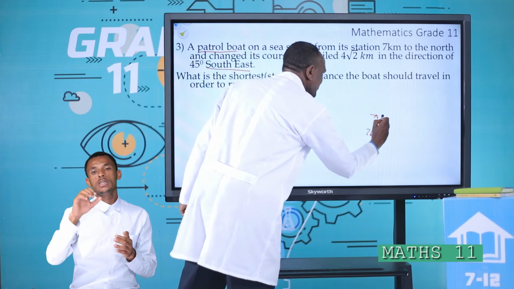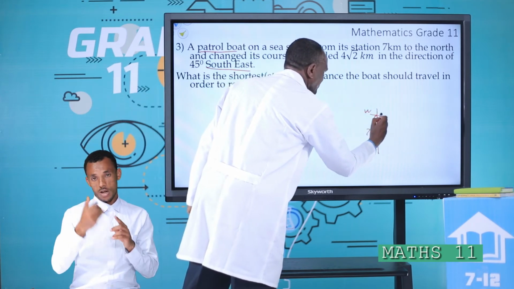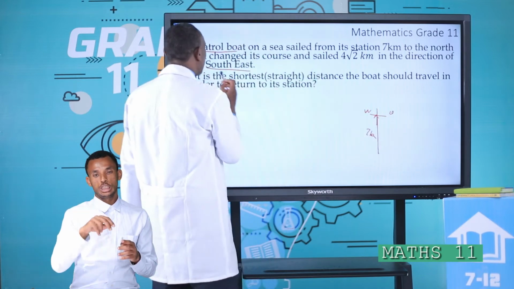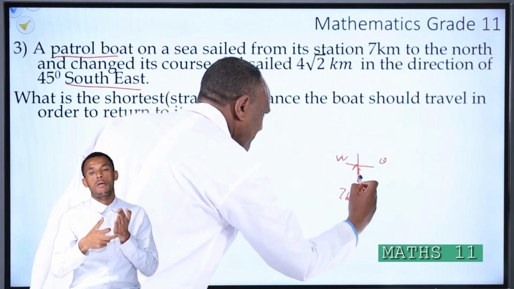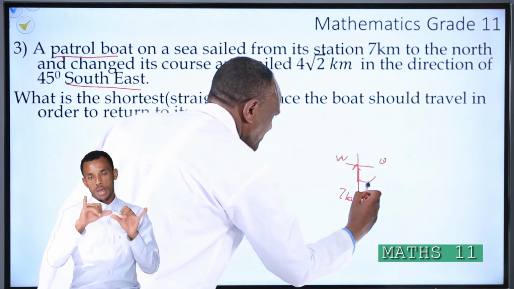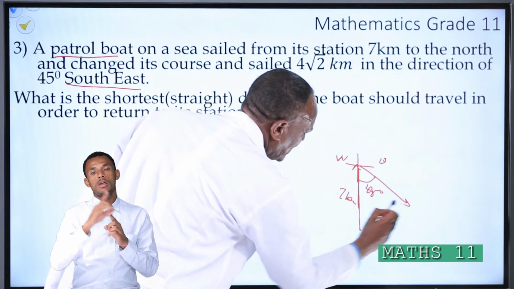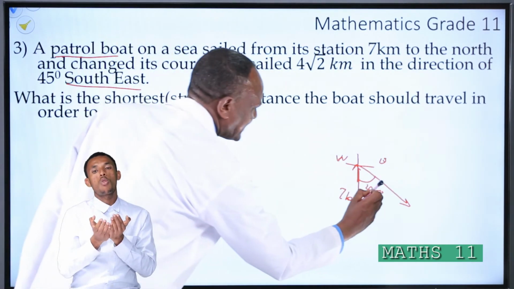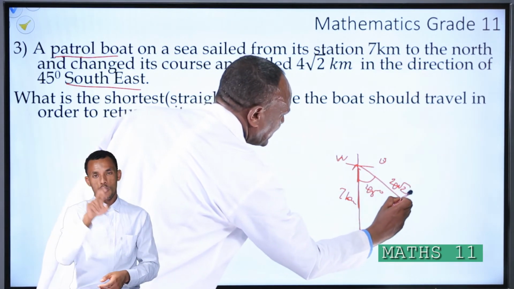So at this point you have the 4 directions: north, south, west, east. Since the boat is traveling 45 degrees southeast, this was the south direction. From this one we have to measure an angle equal to 45 degrees. With this direction the boat is traveling. It has traveled a distance of 4√2 kilometers.